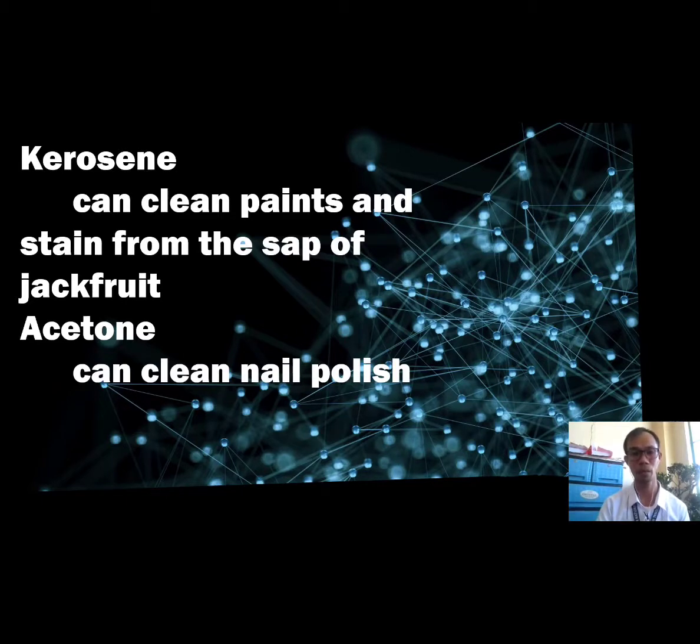Acetone can also clean, specifically, it can clean nail polish. That's why you have the manicurist, the pedicure and the manicure. Once you have your old nail polish removed and replaced with a new one, they commonly use acetone, because acetone can remove nail polish.